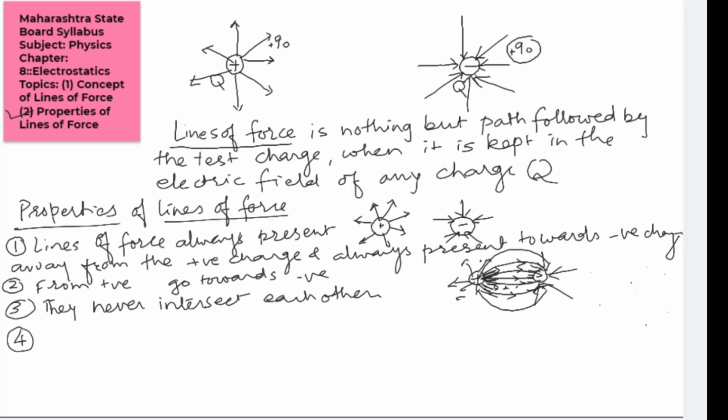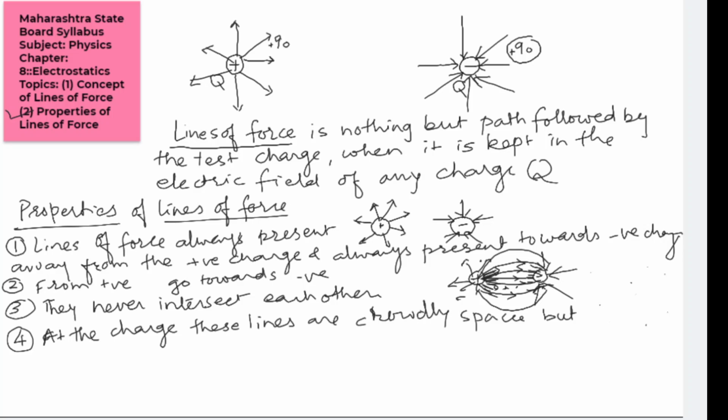So we can say now here at the charge these lines are crowdedly spaced. But away from it, those are rarely spaced.